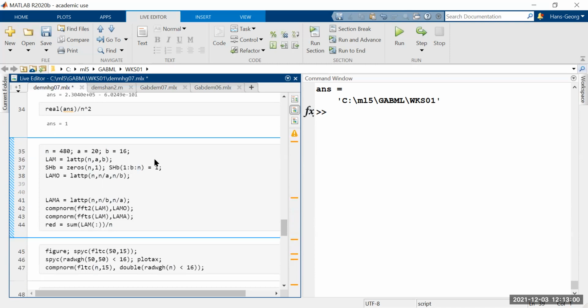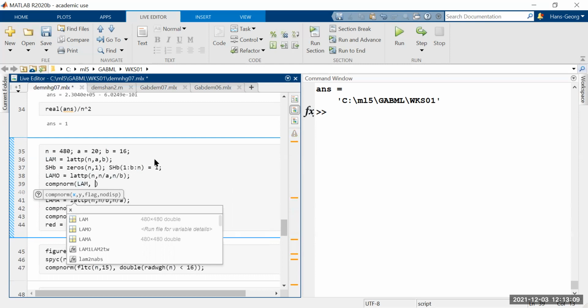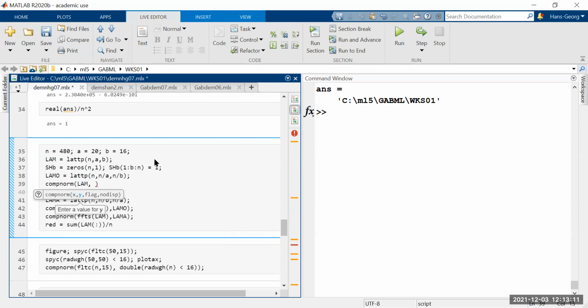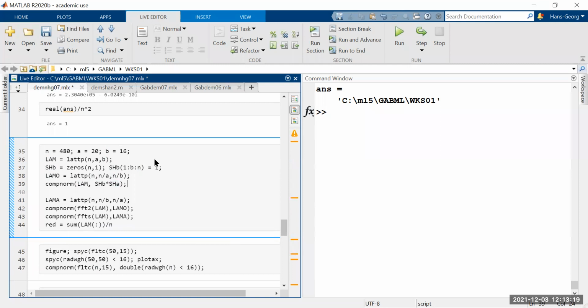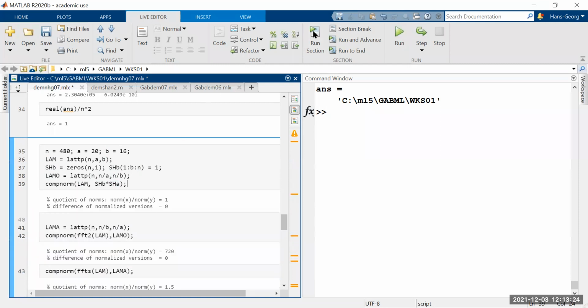Then of course I can demonstrate that this is orthogonal, so the lattice is the same as the vertical Dirac comb with lattice constant B multiplied with the horizontal. You have to recall that this is more or less matrix multiplication, and I think it's probably implemented even in this way. So you're creating these standard lattices.